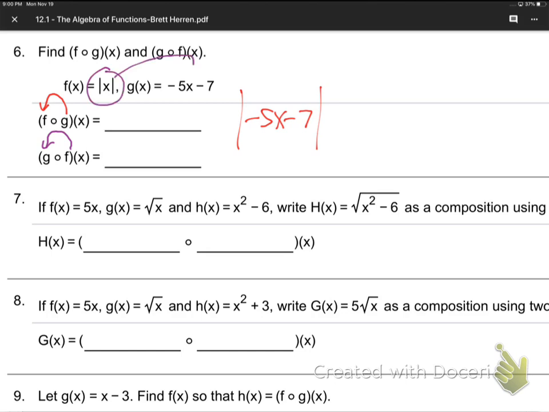All of f into g. Negative 5, absolute value of x, minus 7. Done. There's nothing more to do with it.